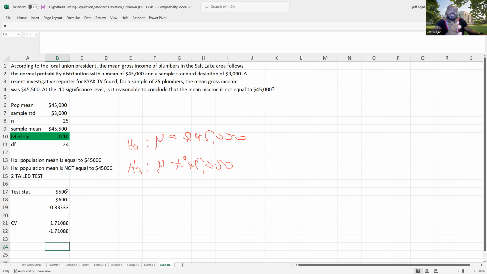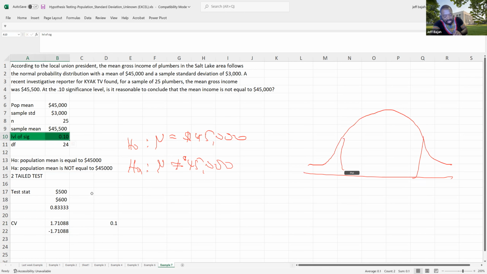Now, this confuses students sometimes, to remember that it's two sides. So another way to look at it is, well, how did we do that in the past? In the past, if we had 0.10 as our level of significance, remember what this means is this whole place is 90. But in theory, because alpha is 10, it has to be divided by 2, which means this is 5%, this is 5%, to give you 100%.